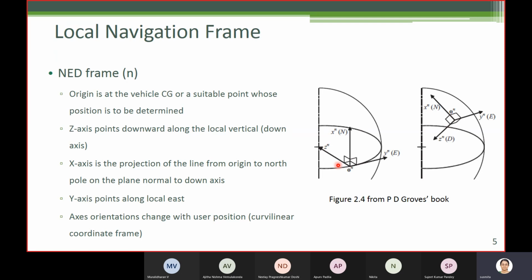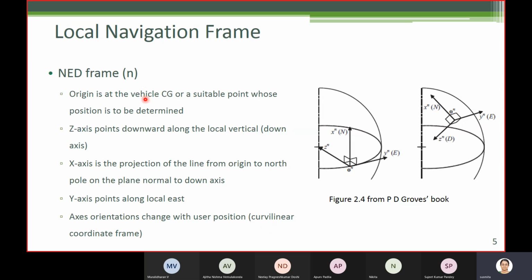The frames whose coordinate axes do not change based on user location are called Cartesian frames, whereas the frames whose axis orientations change with user location or position are called curvilinear coordinate frames. So the local navigation frame is an example of a curvilinear coordinate frame.